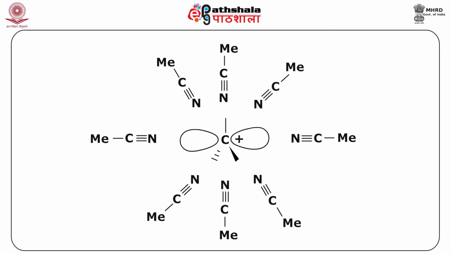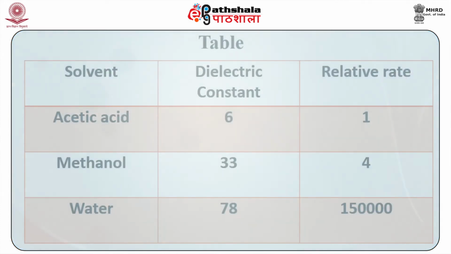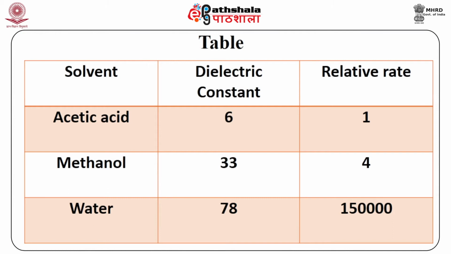Sometimes in an SN1 reaction, the solvent acts as the nucleophile, known also as the solvolysis reaction. The polarity and the ability of the solvent to stabilize the intermediate carbocation is very important, as shown by the relative rate data for the solvolysis in the next table. The dielectric constant of the solvent provides a measure of the solvent's polarity.